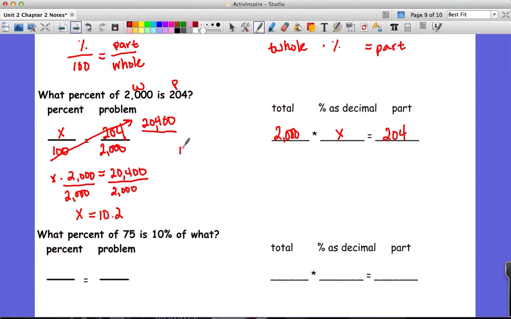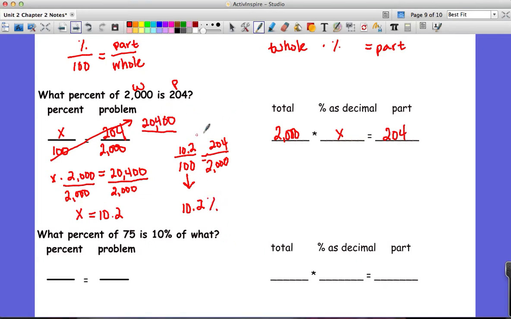So now it's 10 and 2/10 over 100 equals 204 over 2,000. I know that I want to turn this into a percent, and whenever I have my number over 100, I can just write it as a percent, so my answer is 10 and 2/10%.